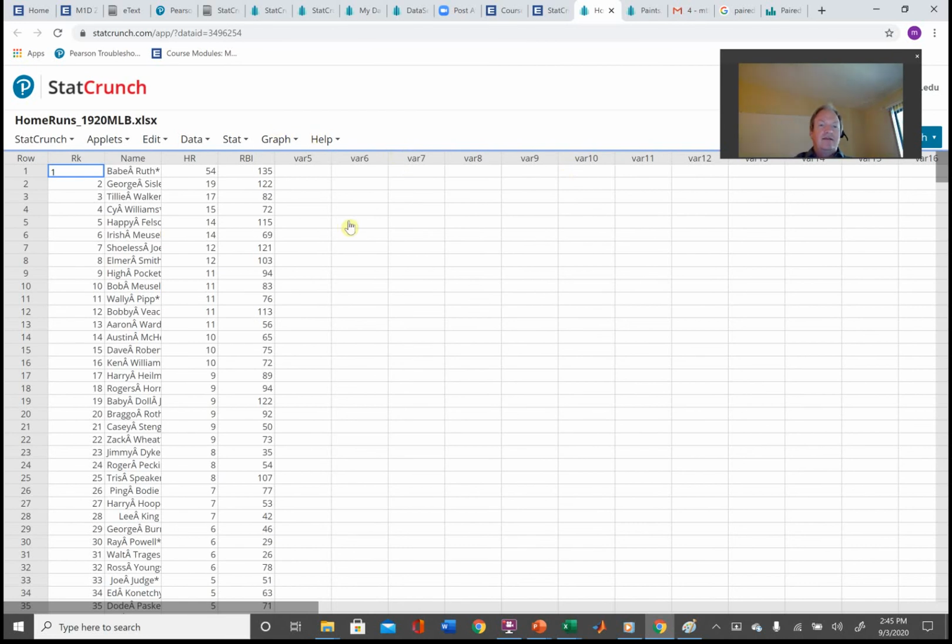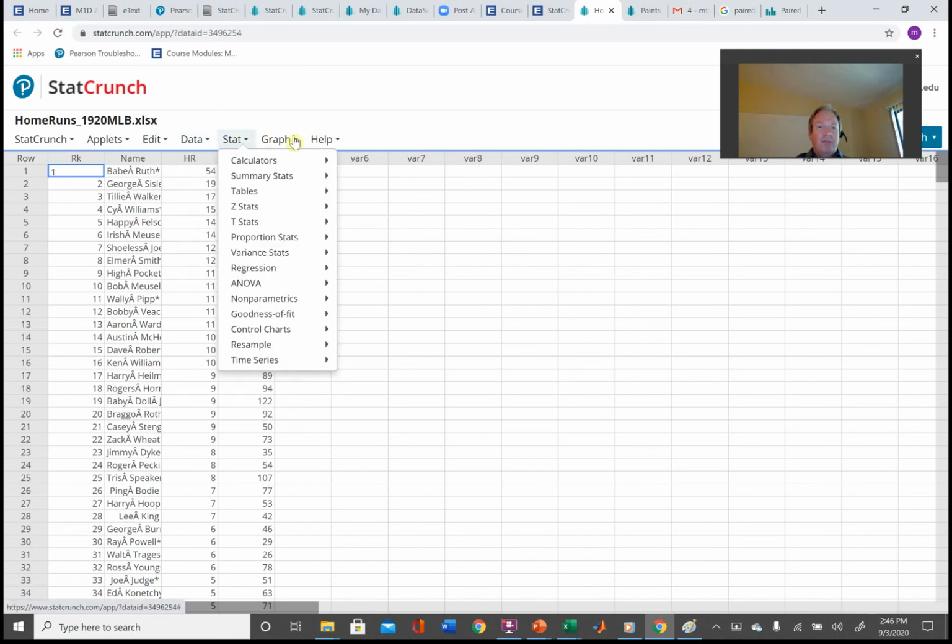This is the data set that was collected back in the year 1920. And the home runs of every player playing that year were recorded. Again, we would look at the data sets, make sure that they're all valid, and they are. Okay, when we sort them, they are sorted.